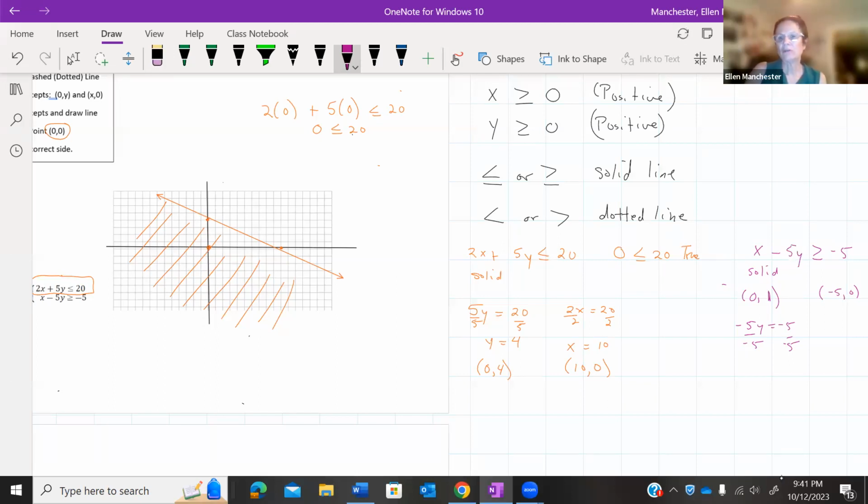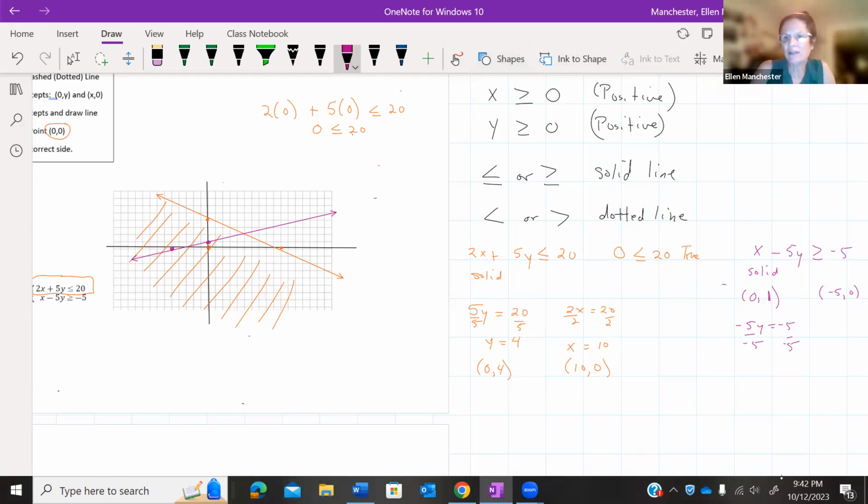Okay, so I'm going to come over here. I'm going to plot my points. So I have 0, 1, and I have negative 5 on my X. 1, 2, 3, 4, 5. And my line goes something like this. And I want it to go through both. It's kind of easier to just draw it than to use the computer lines, but I'm trying to keep them as straight as possible.